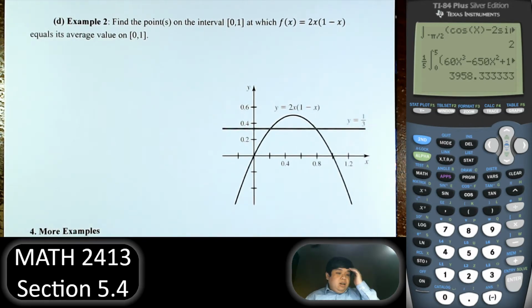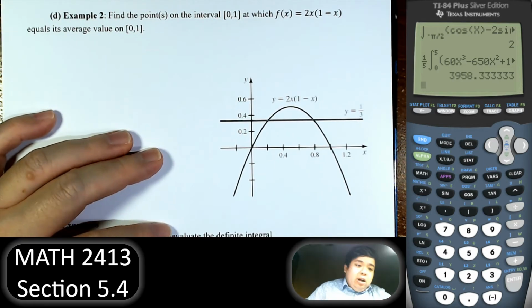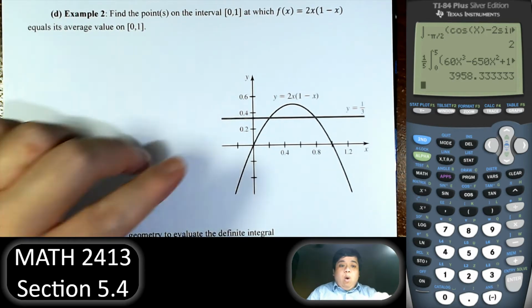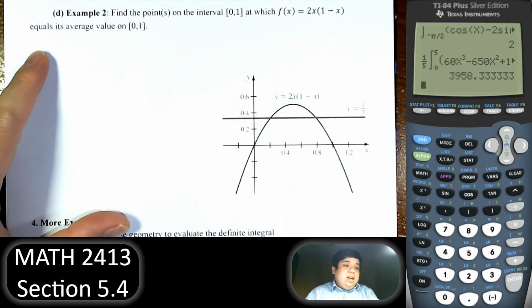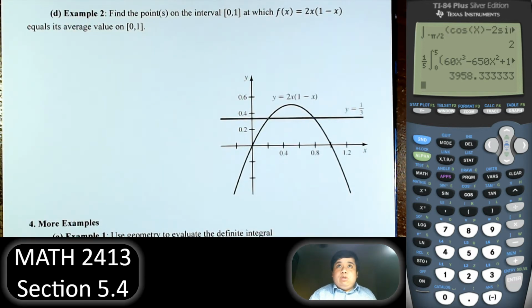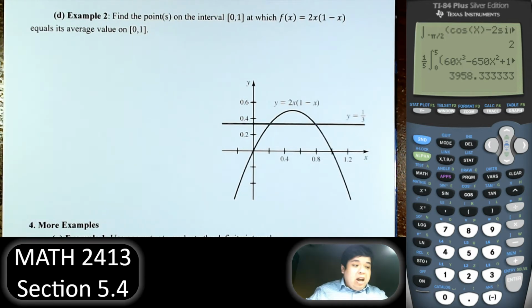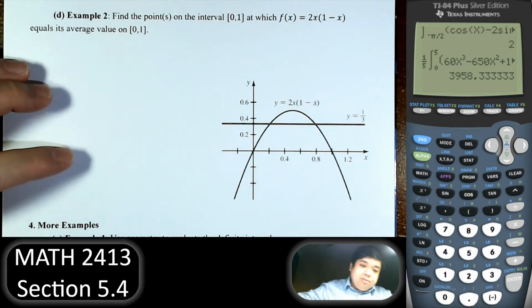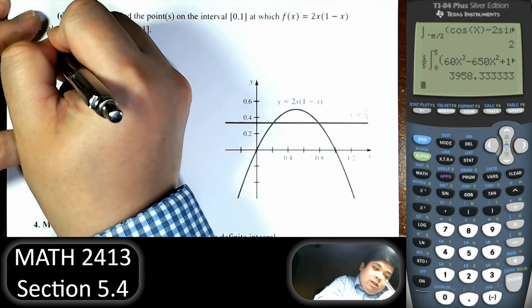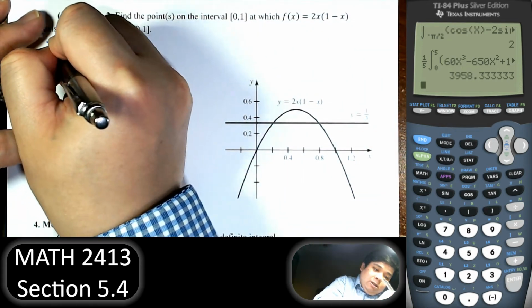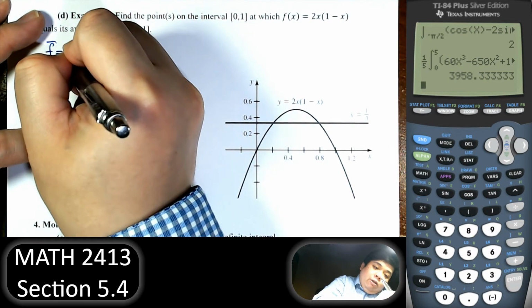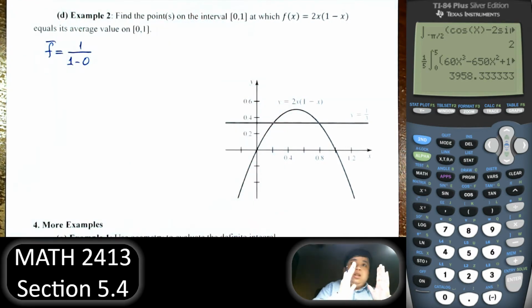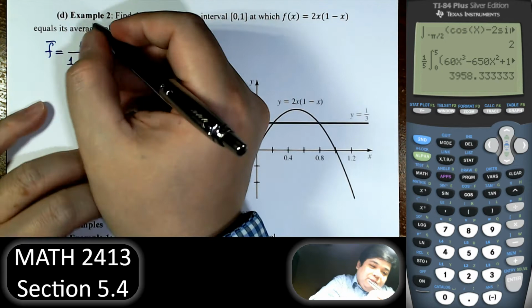Right, next, I'll find the point on the interval from 0 to 1 at which the function is equal to the average value from 0 to 1. So first we will find the average value of the function from 0 to 1, so the width is going to be 1 minus 0.